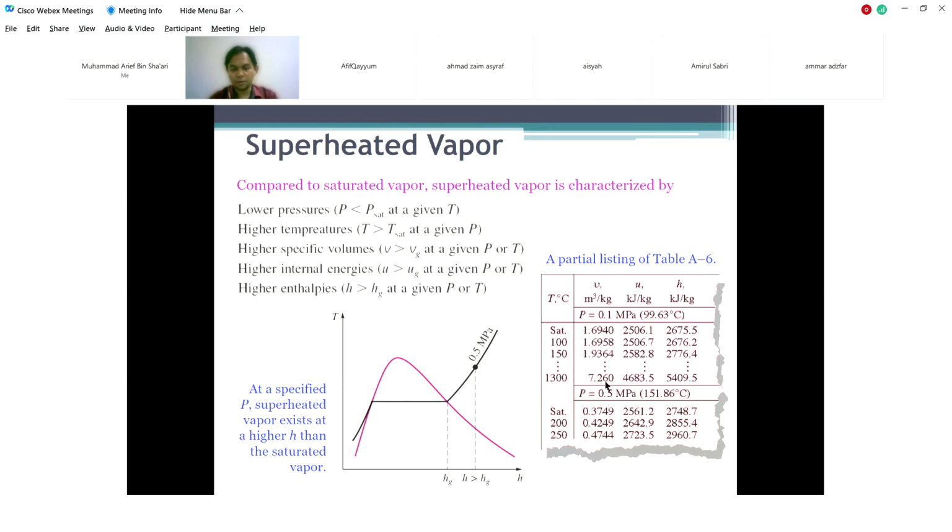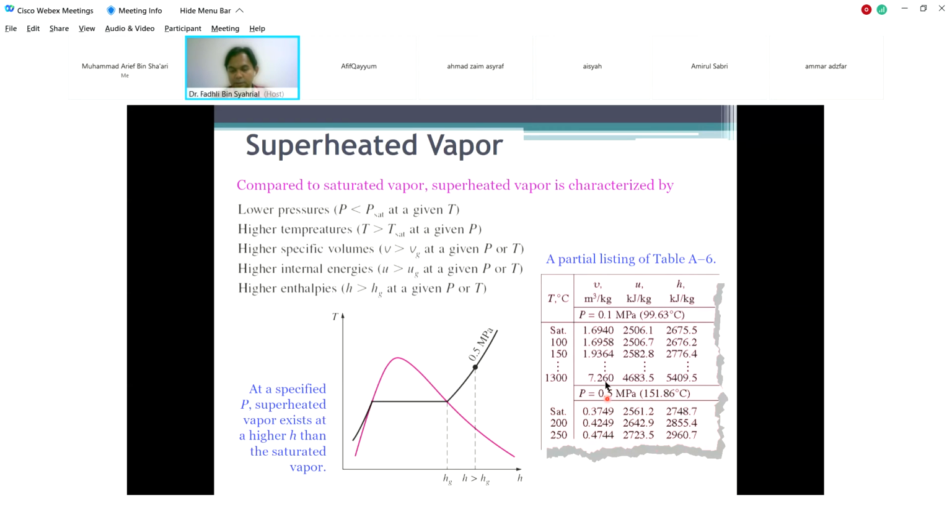Or you can see my slide here. Look at my slide, a partial listing of table A6. Find the specific volume at pressure 0.5 megapascal and 200 degrees C. What you have to do is go to the 0.5 megapascal column first. This is the column for 0.5 megapascal.